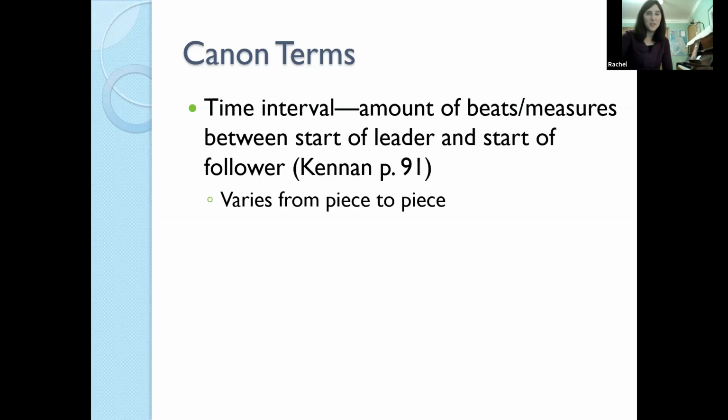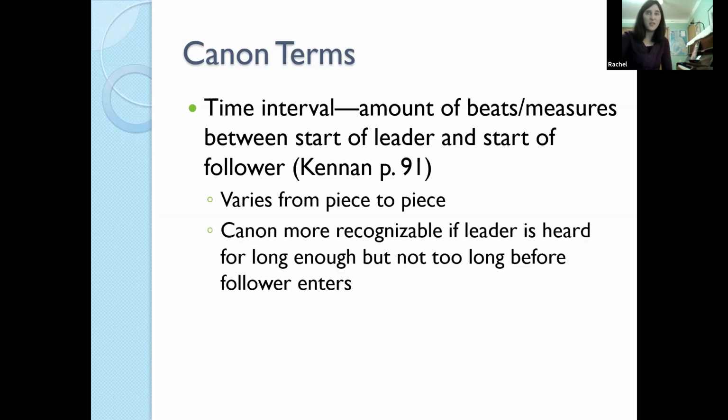There might be different options, but maybe there's some things that work better than others as well. Okay, if your leader is heard for just a tiny bit of time before the follower comes in, in a way it's almost harder to recognize what's going on, or to even realize that it's a canon maybe, okay?